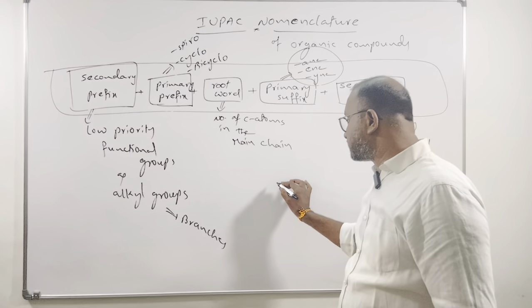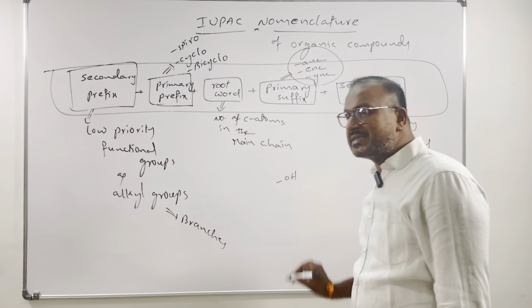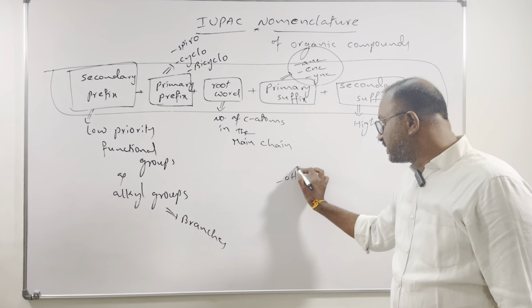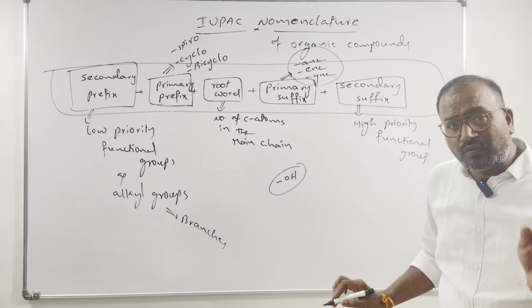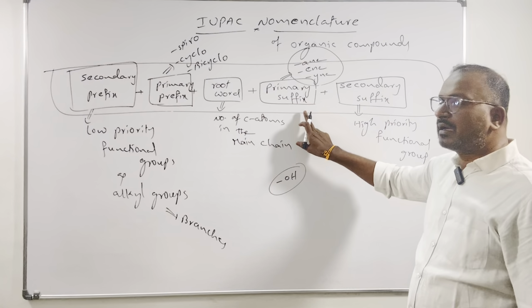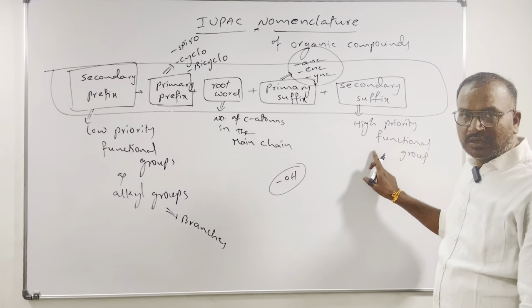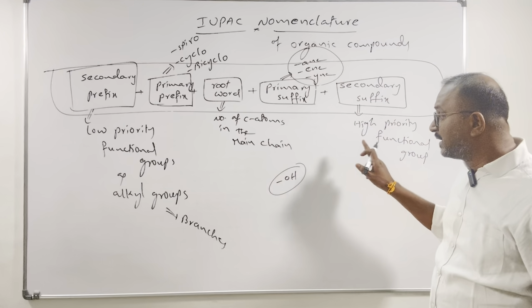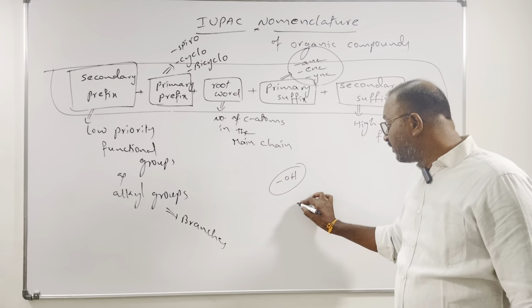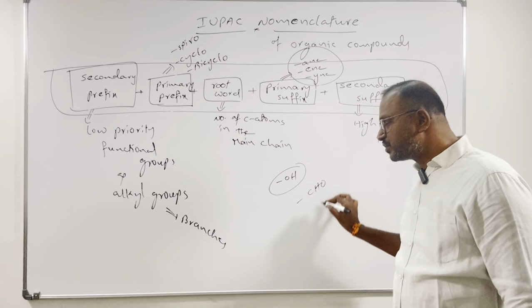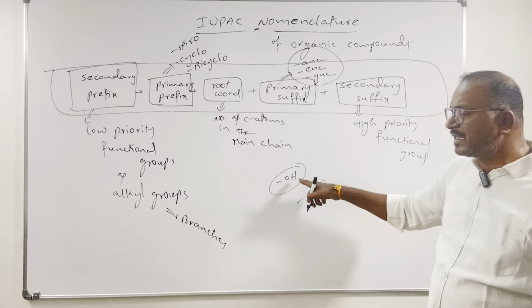I'll give one example. Suppose an OH group is there. If only this one functional group is there in the organic compound, it comes under secondary suffix, with no thought of primary suffix. Along with that, if one more functional group, CHO, is there, it has more priority than OH.